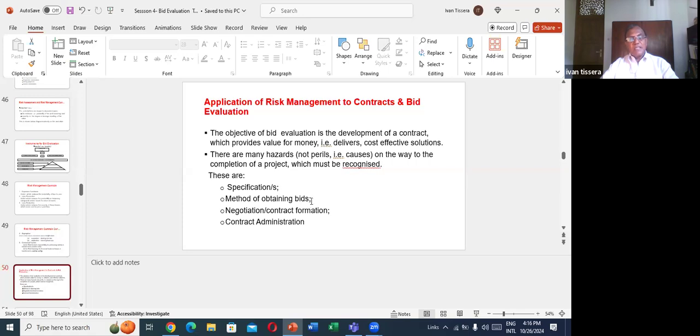Method of obtaining bids, negotiation, contract formation, and contract. I said there are two types of risk: up to contract selection and award, then contract implementation risk.